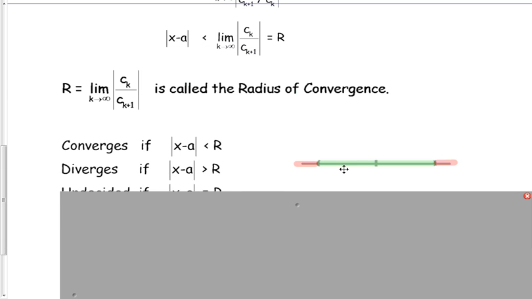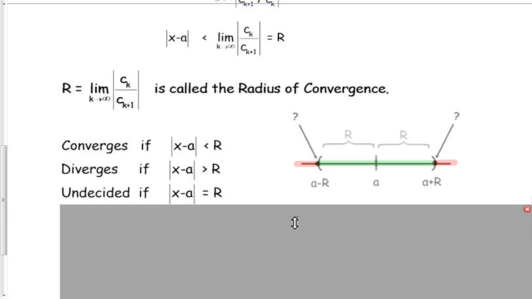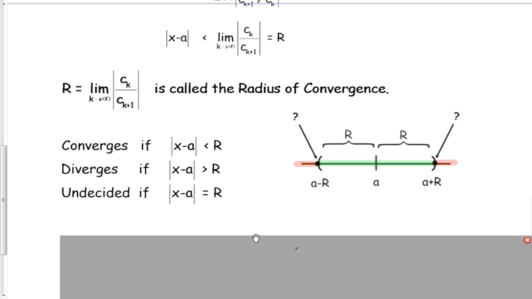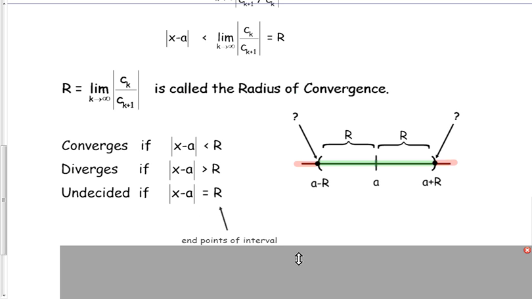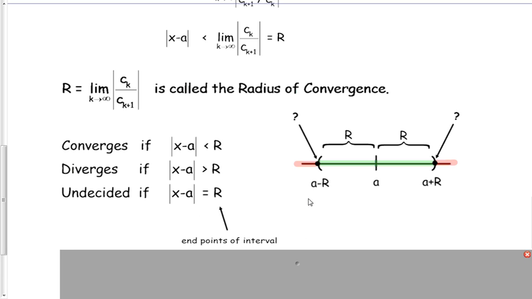Let me see if I can get several pieces out here all at once. I know there's a lot to read here, so let's rehash what I just said. Here's the way we calculate R. It's this limit.